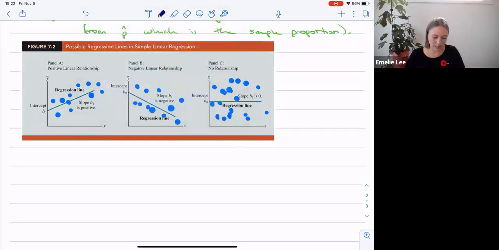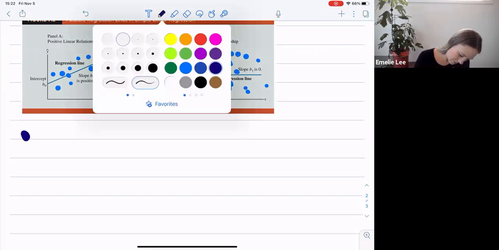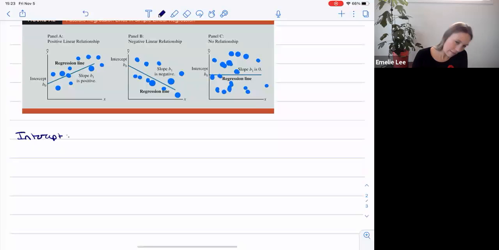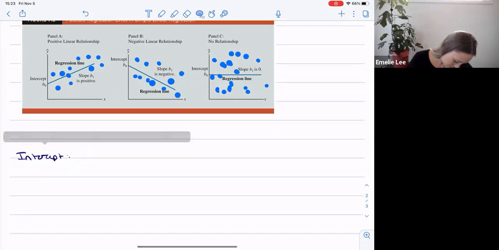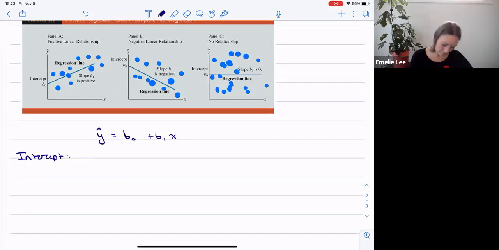I'm pretty sure it's in the text that I posted there, but the intercept is the predicted value of y. And so maybe I'll jot down what the equation looks like. Y hat is b0 plus b1x.